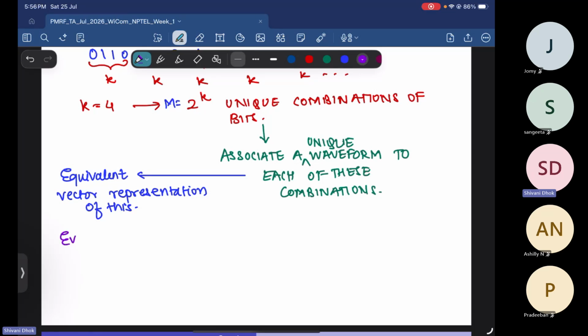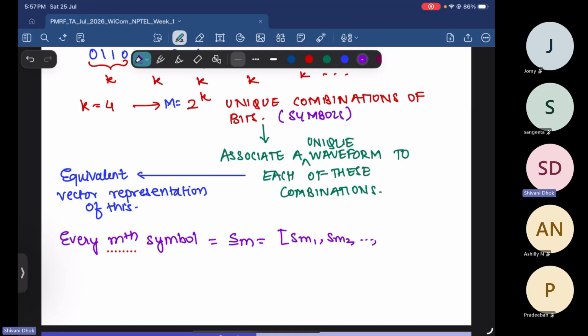then for every mth symbol, these combinations of bits are essentially known as symbols, and every mth symbol will have some dimension. Let's say sm can be represented using a vector sm1, sm2, and so on till smn, where n is the dimension of this particular vector. Okay, and this is how we get it. Then every symbol will be associated with energy.